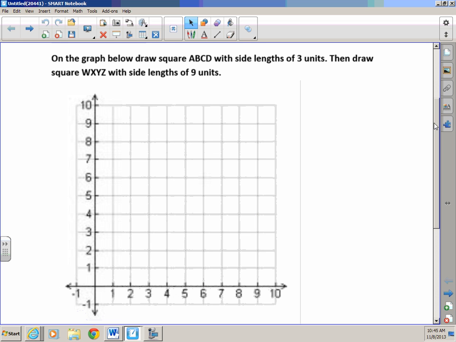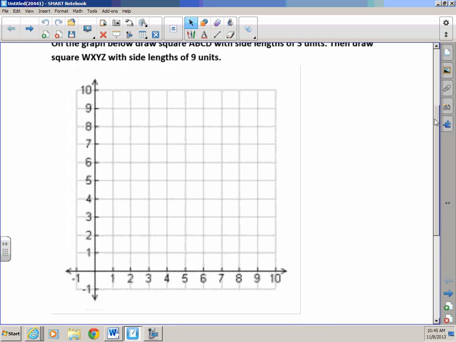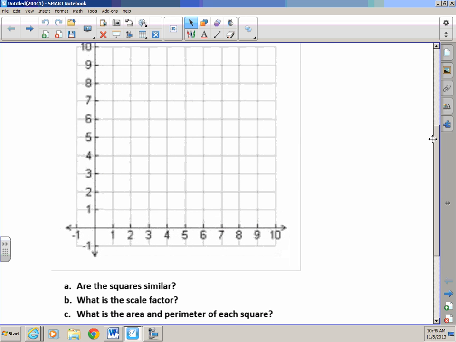So what we want to do is, on the graph below, graph two squares, one that measures 3 by 3 and the other that measures 9 by 9. Where you put them does not really matter, as long as they are 3 by 3 and 9 by 9.